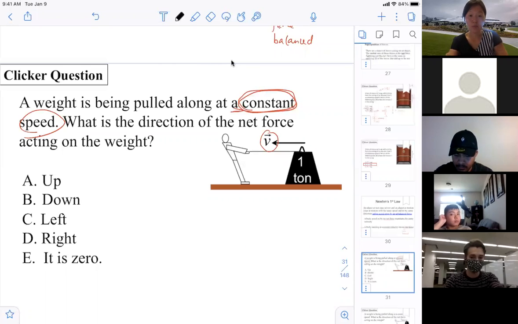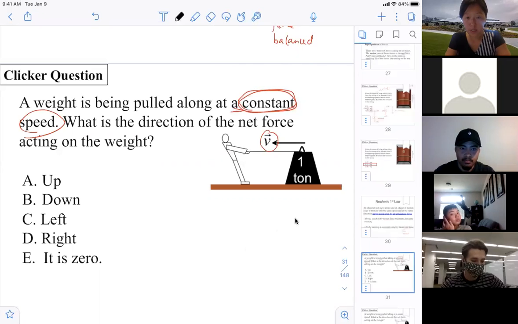All right, 10 more seconds. Any last minute vote? I'm going to end the poll and let's take a look at our results.